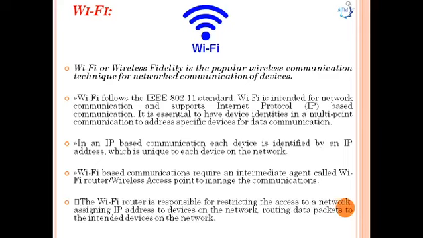The Wi-Fi router is responsible for restricting access to a network, assigning IP addresses to devices on the network, and routing data packets to intended devices on the network. So the responsibilities of a Wi-Fi router are to restrict access to a network, assign IP addresses to devices, and route the data packets to the specific devices on the network.